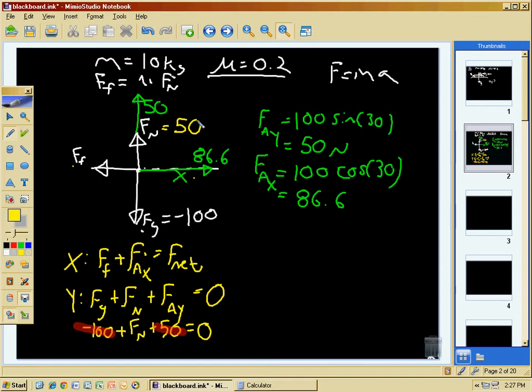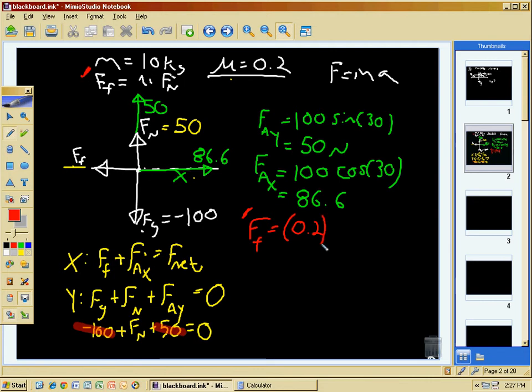Now, to find the force of friction, I told you we were given mu, so we were going to have to use our friction equation, right? Well, now, since we know mu, let's pick a color. Why not red? Since we know mu, we can go ahead and use it. We know mu is 0.2. And again, this whole equation right here is just using this whole equation up here in the corner.